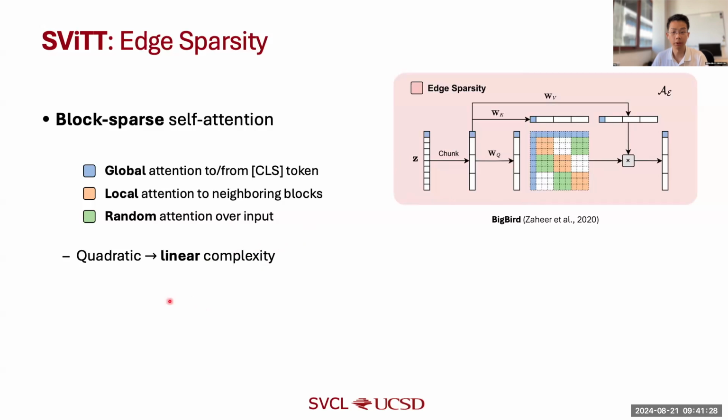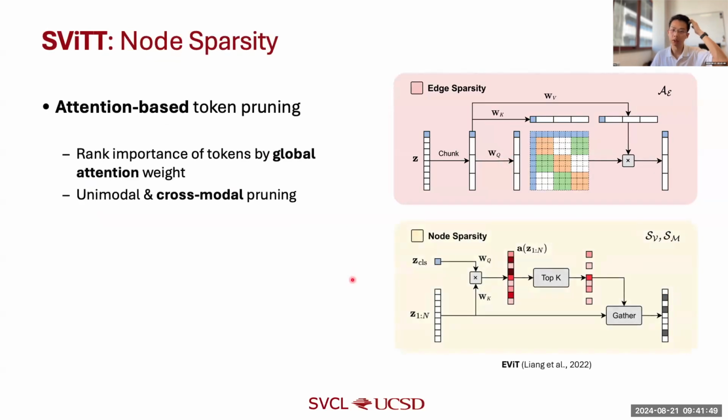This way, we have reduced the compute cost of self-attention from quadratic to linear, because each video token only attends to a constant number of other tokens that does not grow with the length of the sequence. The problem here is that the sparse pattern is predefined and not adaptive to the input semantics. So we address this by also introducing node sparsity through token pruning.